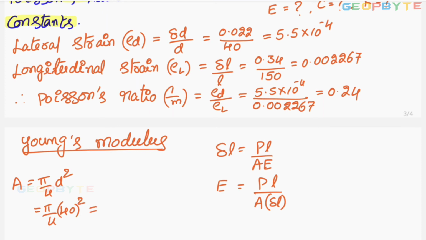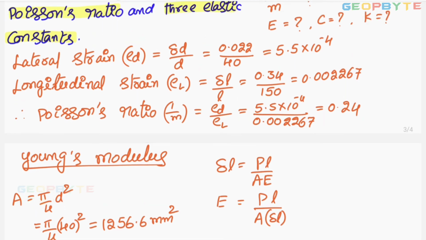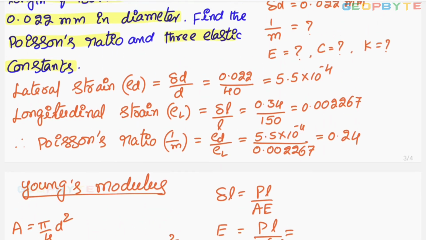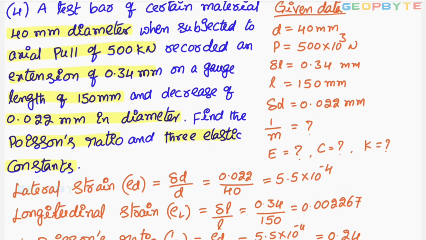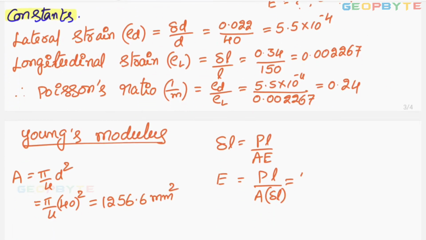Simplify this value for getting the area around 1256.6 mm square. You put all these values. The P value, I forgot the P value, 500 into 10 power 3, multiplied by original length 150 mm divided by area, just now we got it, 1256.6 multiplied by delta L 0.34.